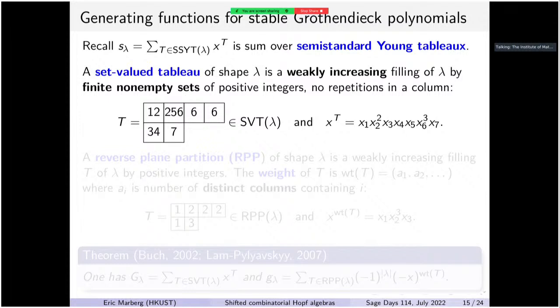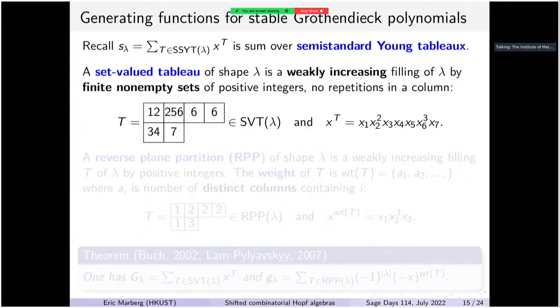And you want the rows and columns to be weakly increasing in the sense that the maximum element in one box is at most the minimum element of the next box. But we allow no repetitions in a column. So you can have a 2 repeated here and here, or you can have a 6 repeated these 3 times. But if there's a 2 here, there can be no 2 in this box. And there can be no 6 in this top box and this bottom box.